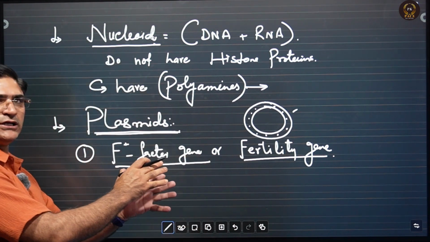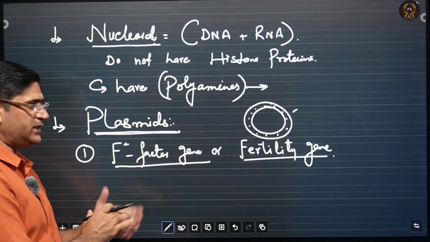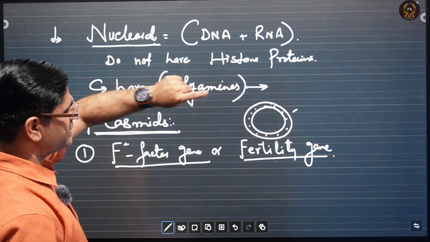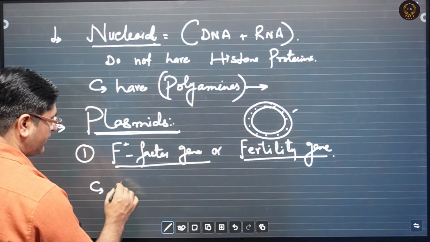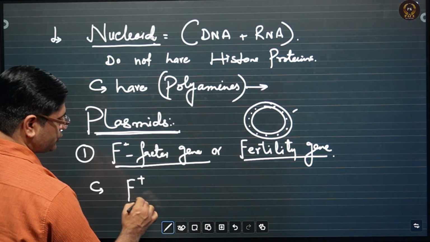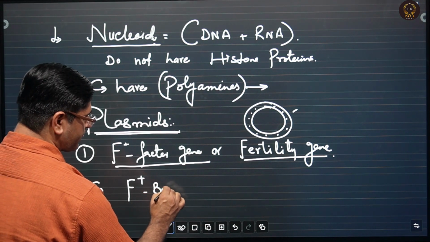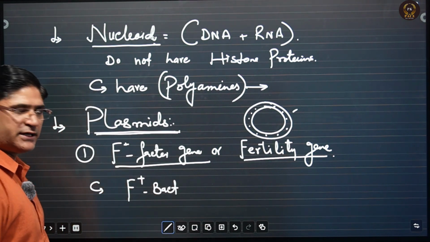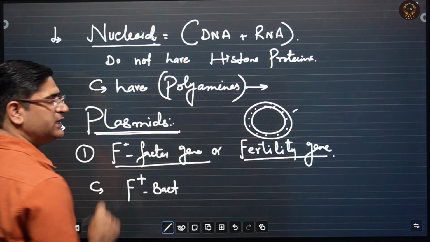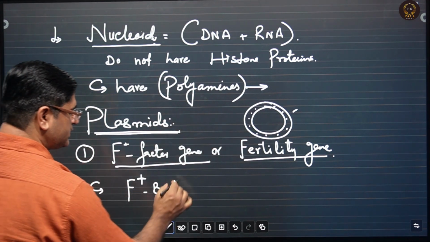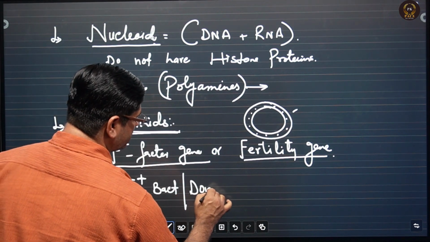The bacteria which contain this gene in the plasmid are classified as F positive bacteria. It means those bacteria which have the fertility gene are considered donor bacteria.